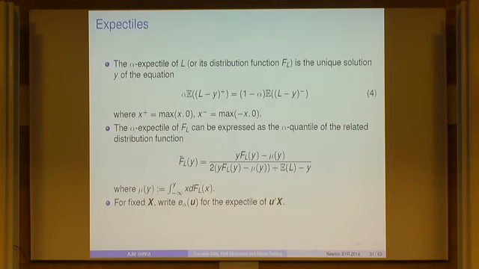I have a short digression here about the expectile for those who haven't heard about it. Who's familiar with the expectile? A minority, less than half. So this is all the rage in risk measure circles at the moment, the expectile, because of a concept called elicitability.